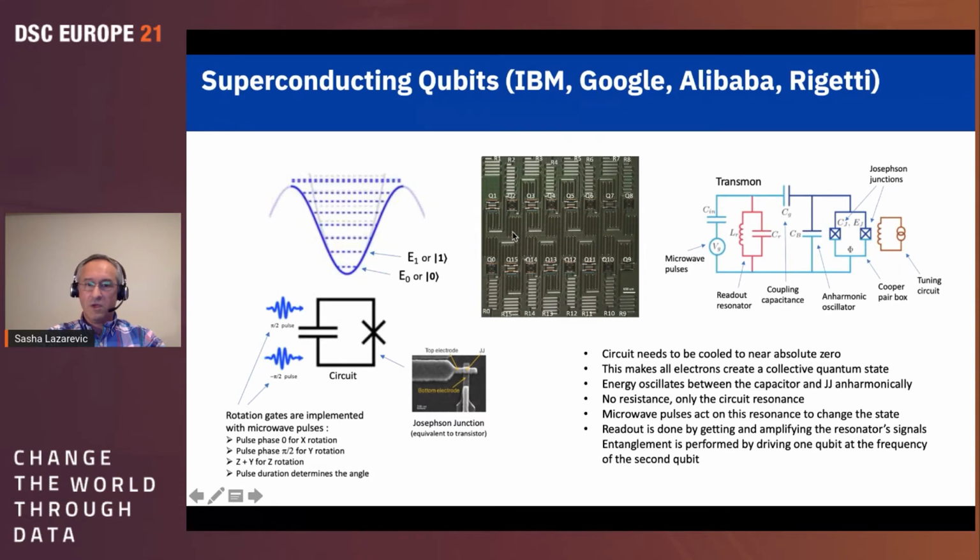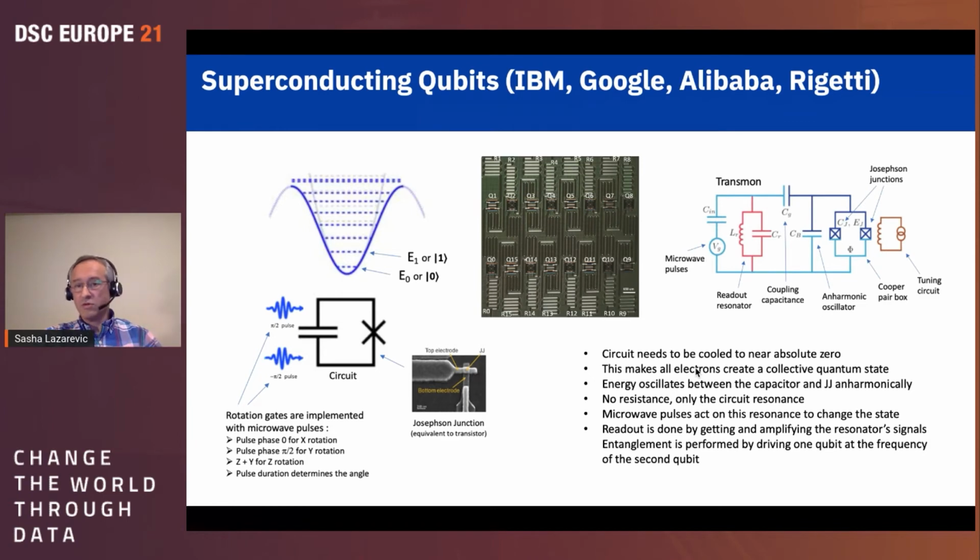We can manipulate them, put them in entanglement, read their state, etc. If we zoom in really much, you will see this important part, which is called a Josephson junction, and all that looks like a circuit. It is a superconducting circuit, and it becomes a superconductor when it's cooled to near absolute zero. So this is very important.